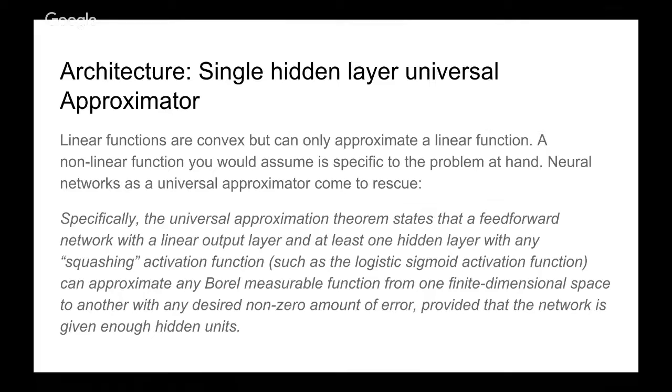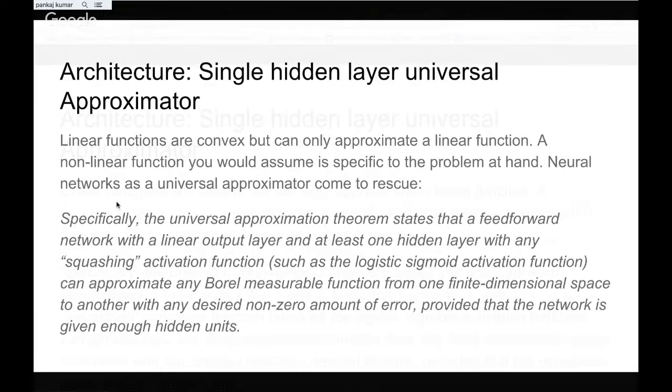If you come to the domain of nonlinear functions, you would generally think that for every class of nonlinear functions, for example x square, x cube, you will figure out from the problem what class it lies in, and then create a new function for it.